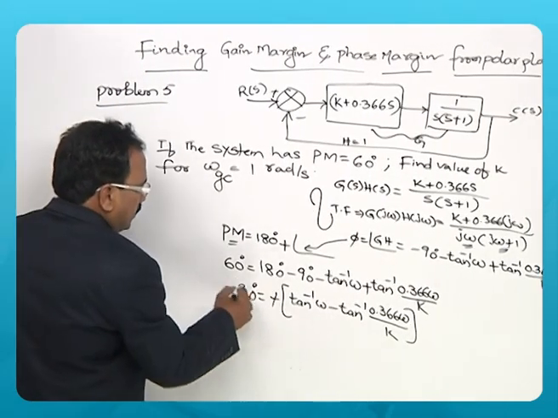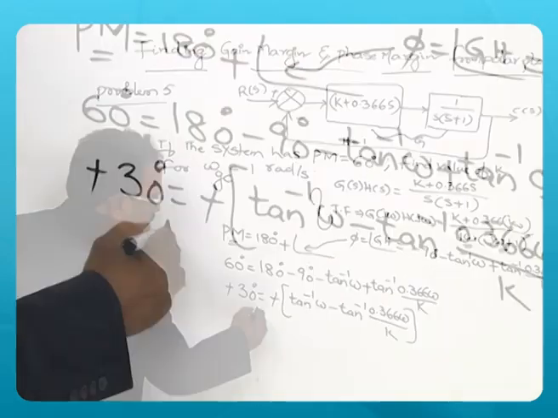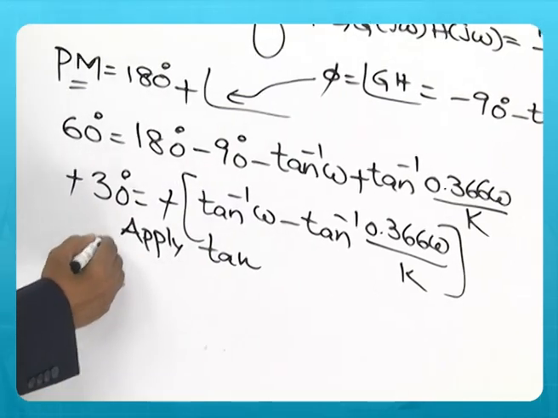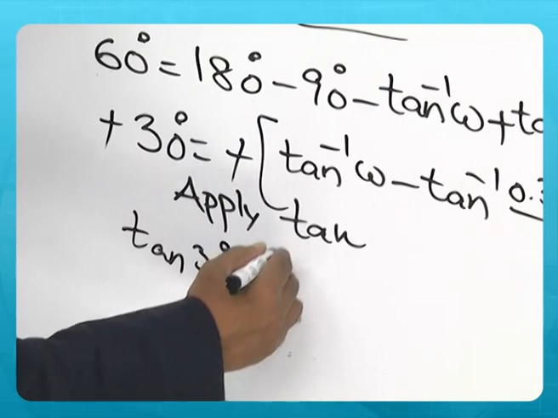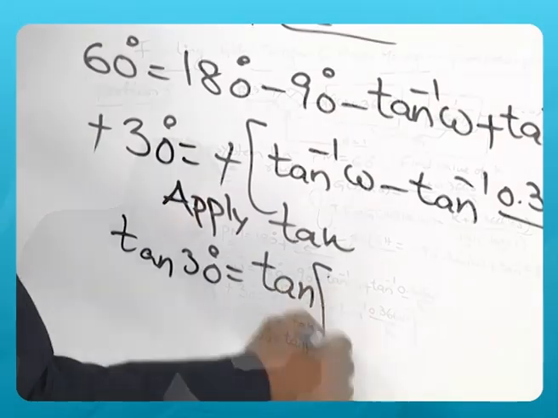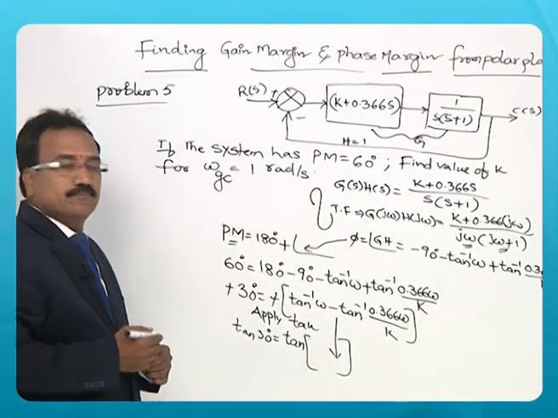This minus and minus get cancelled, and you now apply tan on both sides. So it becomes tan 30, and the right hand side becomes tan of the whole term that appears here.